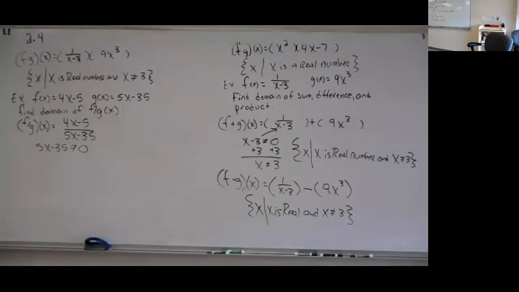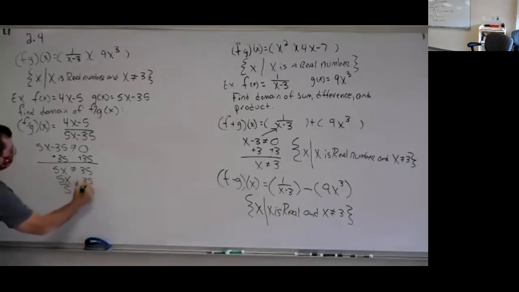I'm going to add my 35 over. 5x cannot equal 35, because if 5x equals 35, that'd be a big 0. But we want to know what that x is actually going to equal, right? I'm going to come in and divide by the 5. So x cannot equal 7.